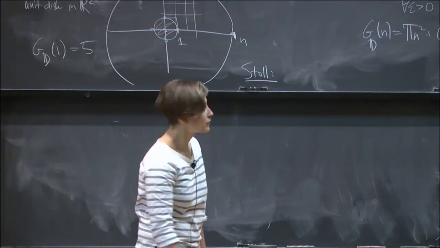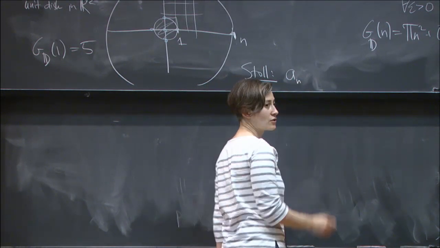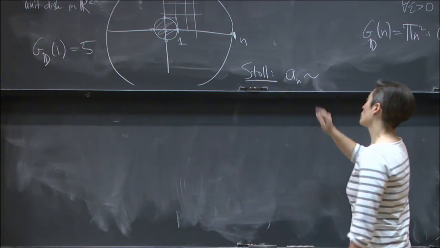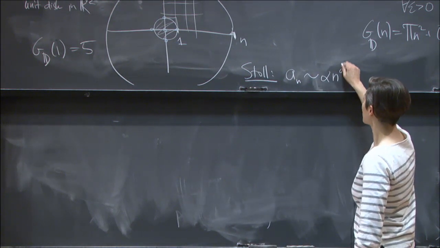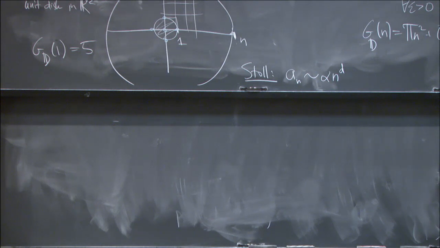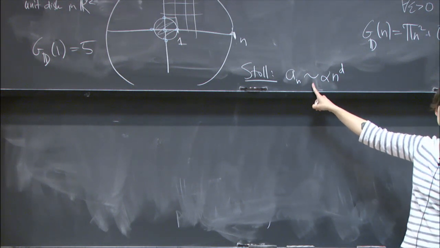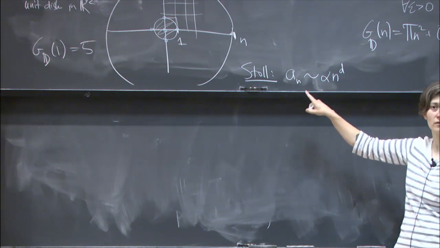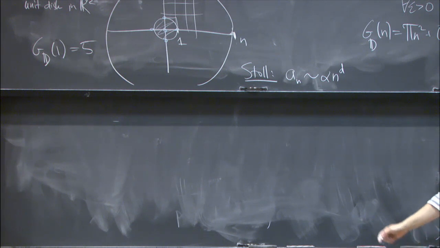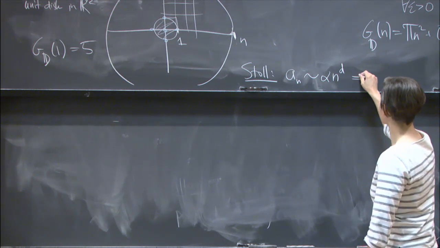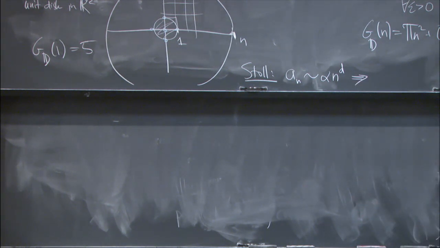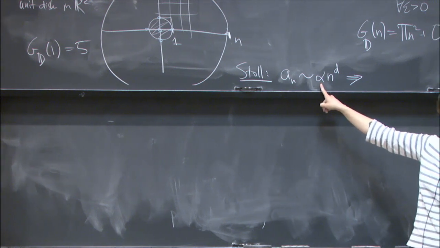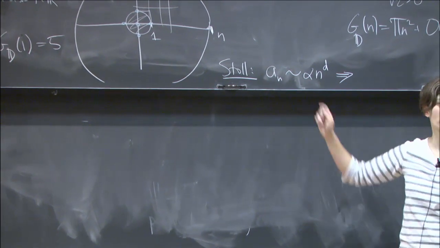So here's what he showed. He showed that if you have a sequence whose growth is like alpha times n to the d, in this case that's pi n squared, this squiggle is that the ratio goes to 1, right? It's the usual kind of growth rate squiggle. Then if alpha is irrational or transcendental, so is the growth.